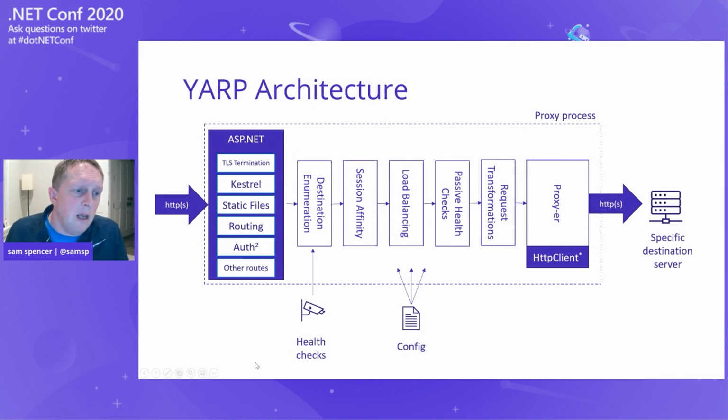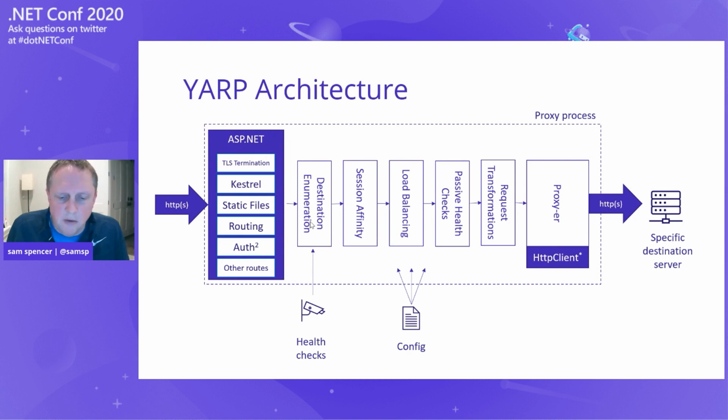So the internet comes in on the left-hand side of my screen. We go to ASP.NET. This is where we use the Kestrel web server. That will terminate the TLS. We use the routing and authentication features of ASP.NET. If you want to put other functionality in there as well, you can. If the routes we've defined in config come to us, then our config specifies routes and destinations.